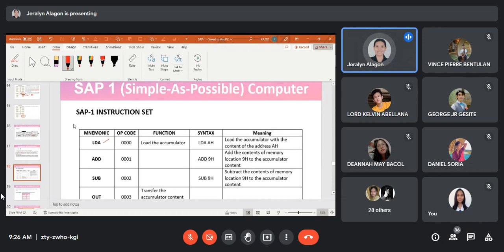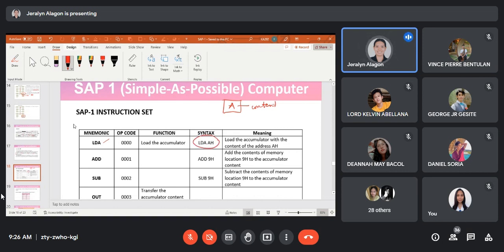So, load the accumulator, meaning register A will be loaded with the content of the address. This one is LDA AH.